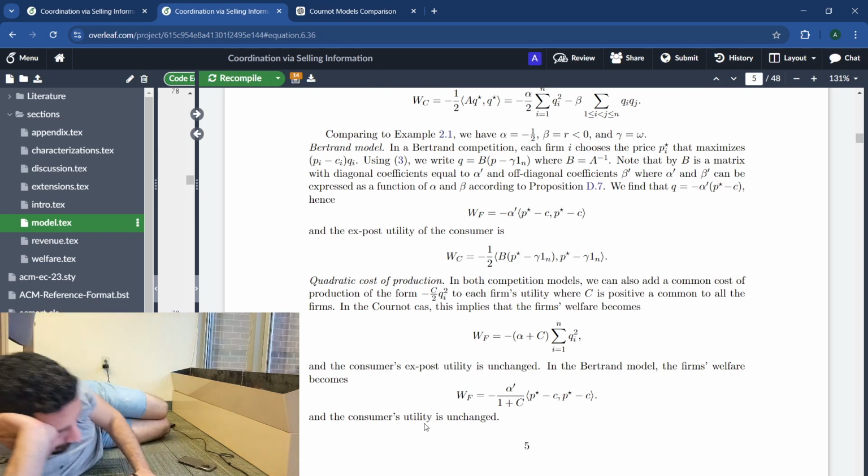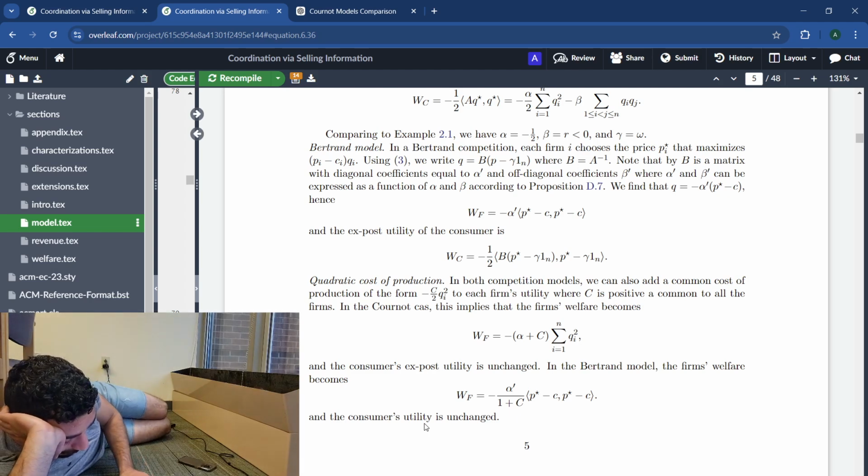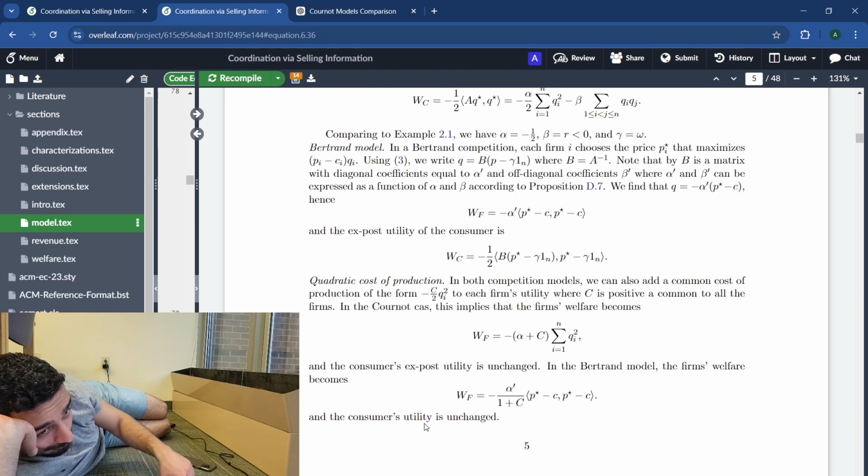So what is Q? Note that P is a matrix where diagonal coefficients equal alpha prime and off-diagonal coefficients beta prime, alpha prime as a function of alpha according to the proposition. We find that Q minus alpha prime. Okay, show us this more.